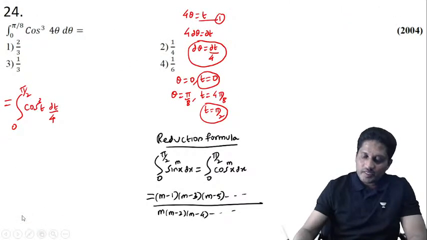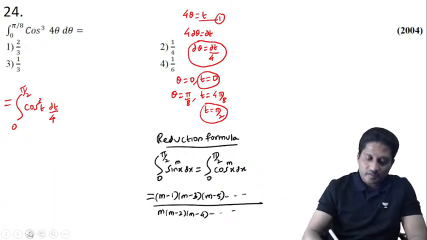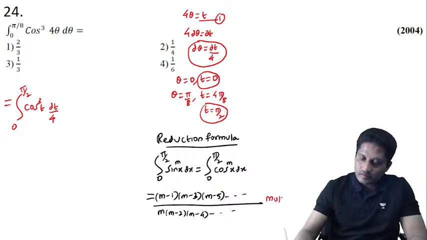Now you will multiply by pi by 2 if m is even.